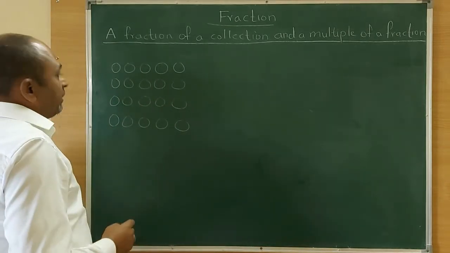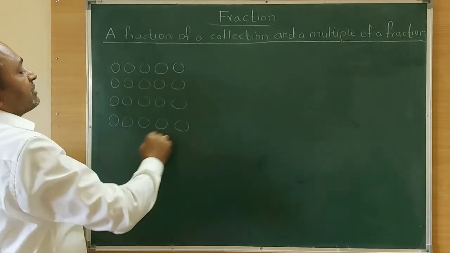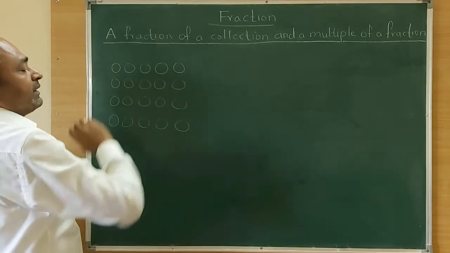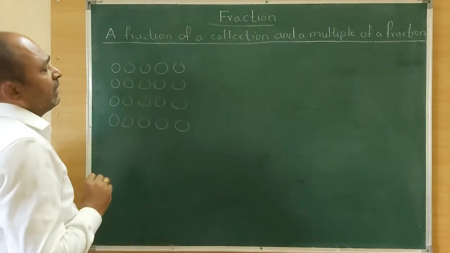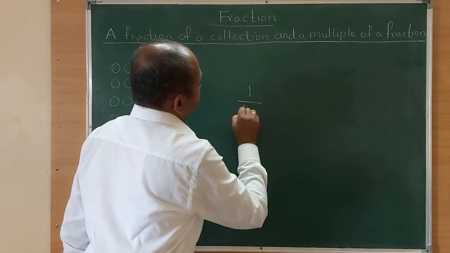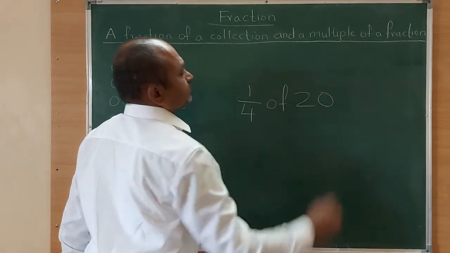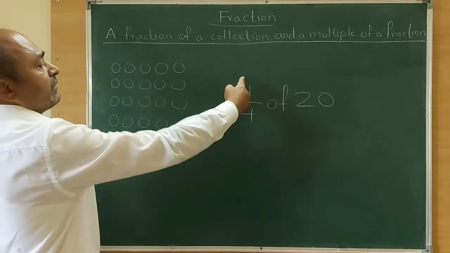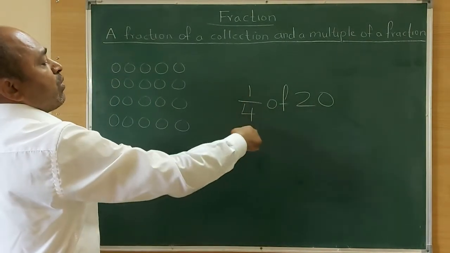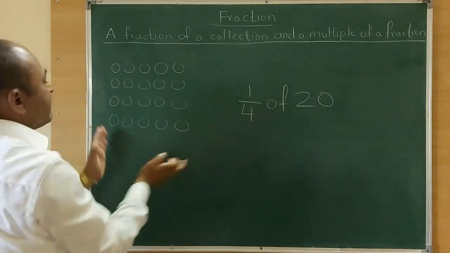So here we want to find a fraction of this collection of 20 parts. Suppose I want to find out 1 upon 4 of 20. Means I want to find 1 upon 4 part of these 20 dots.